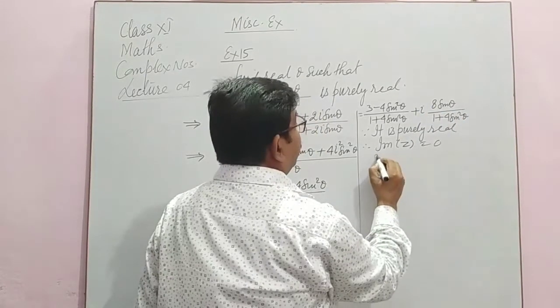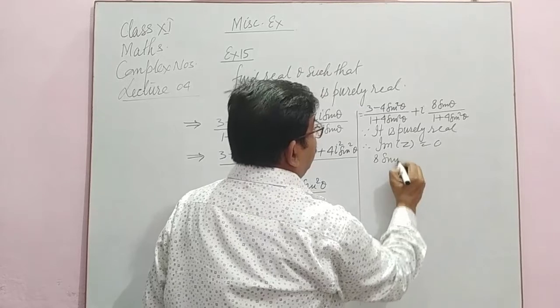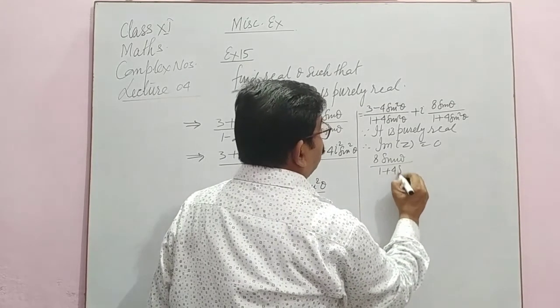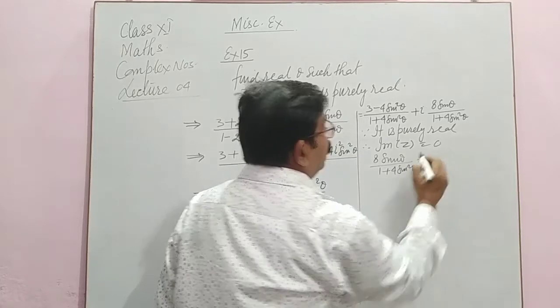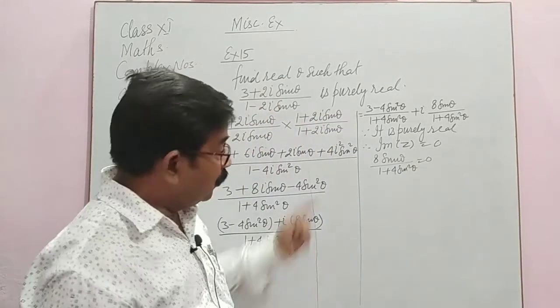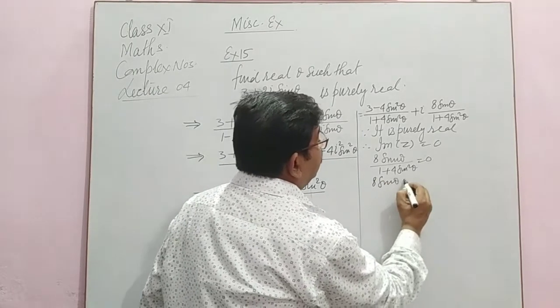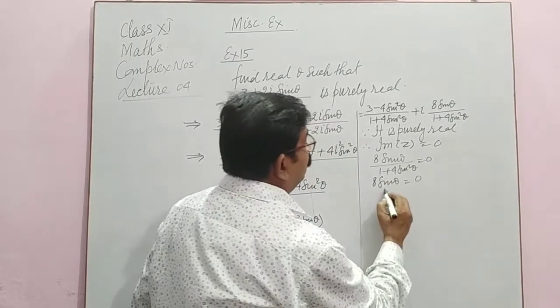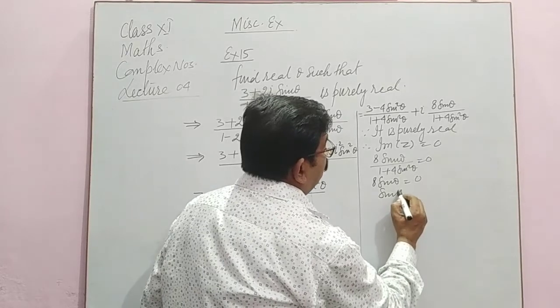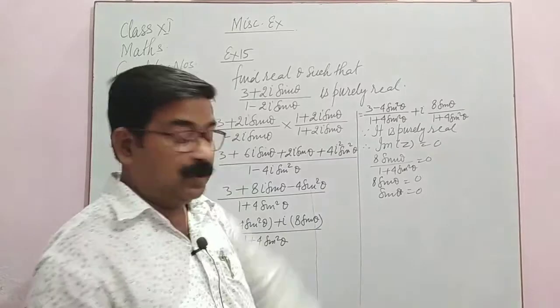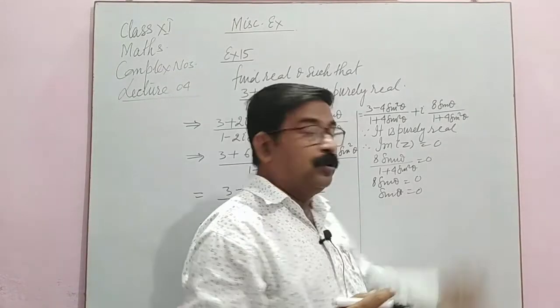So what can we write? 8 sin theta upon 1 plus 4 sin square theta is equal to 0. Cross multiply, so we have 8 sin theta is equal to 0. Sin theta is equal to 0 by 8, so sin theta is equal to 0.